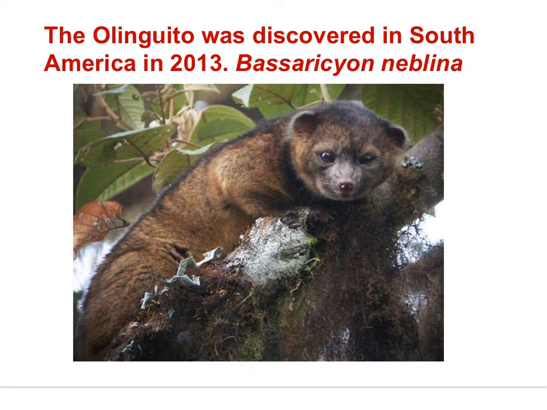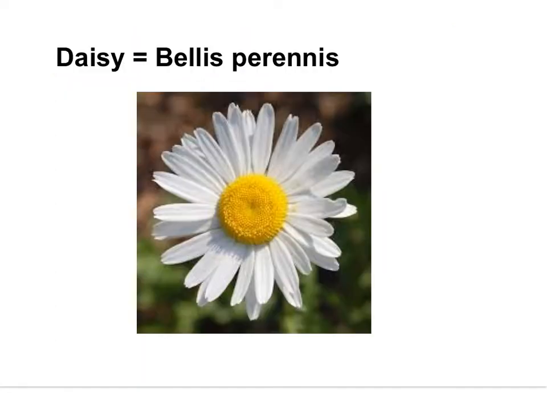There is no confusion when referring to Bassaricyon neblina. I'm sure there are many flowers that people might refer to as the daisy, but this flower, also known as the common daisy, has the scientific name of Bellis perennis. The binomial naming system provides specificity about the species.